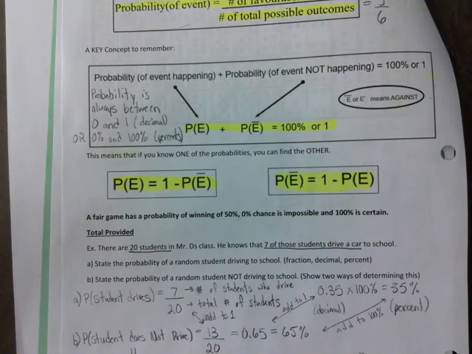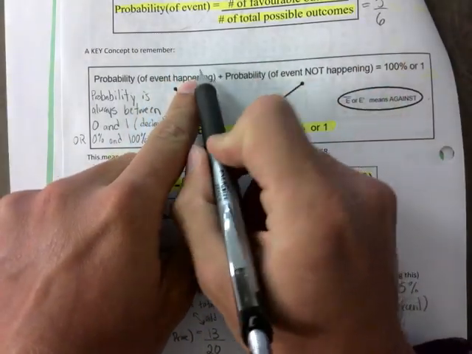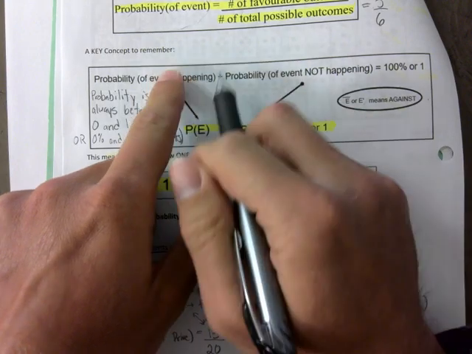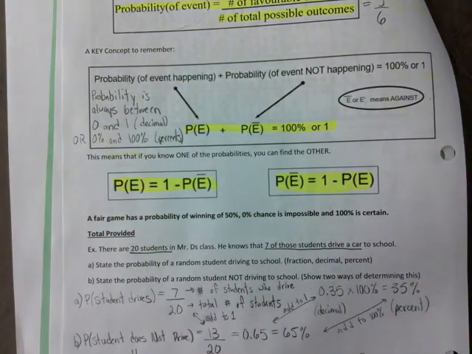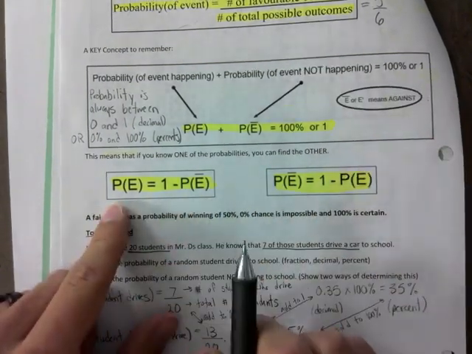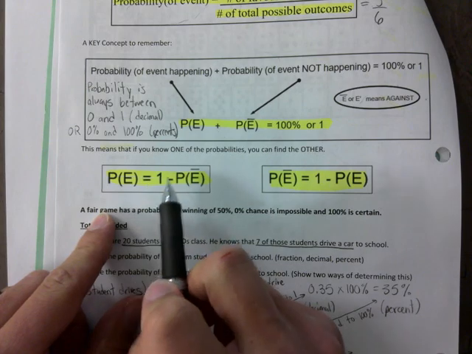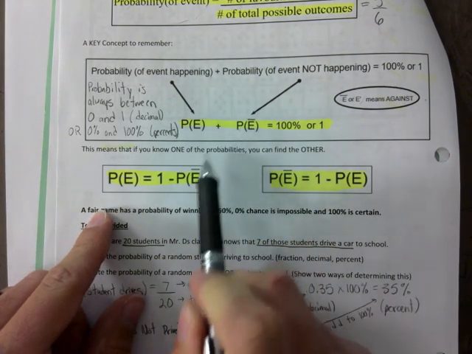We call these complements of each other, because they complement each other. The probability of an event happening and the probability of that event not happening equals 100%. So we can use that to get these equations here just by rearranging the one up here.